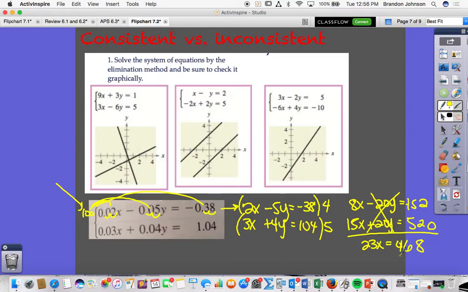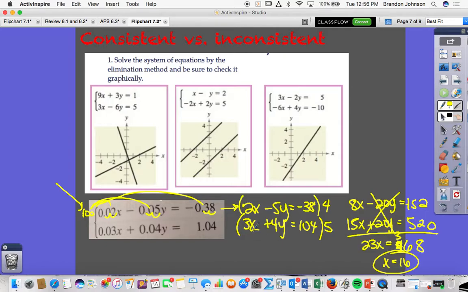So we got 8x minus 20y. That's good. I did all these in my head, so I'm trying to come back with my calculator here. 520. Oh, 368, my fault. This should be it. And then divided by 23, that's why. And x equals now 16, right? You could get a fraction, but I figured that I probably wouldn't in this case.